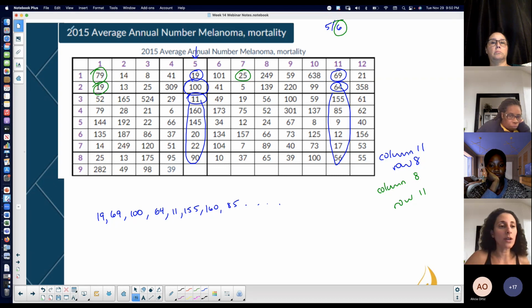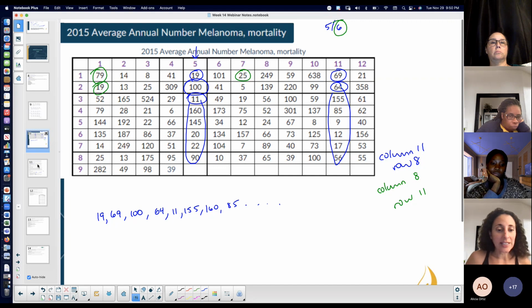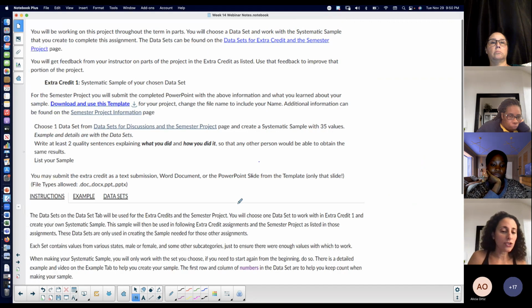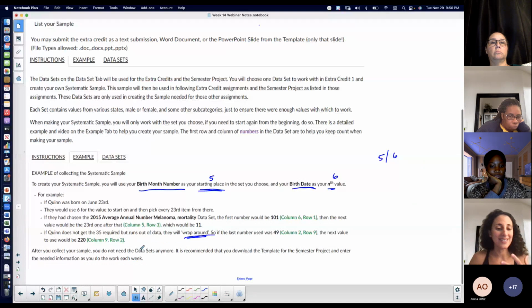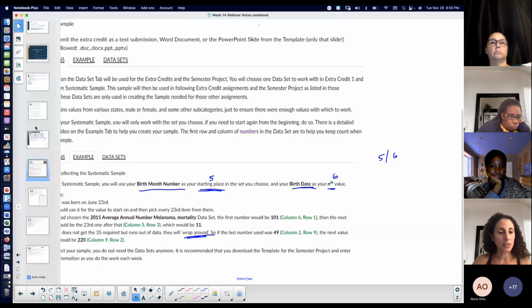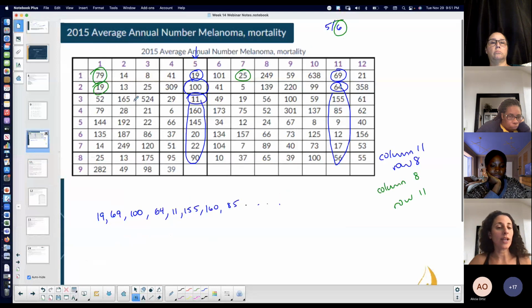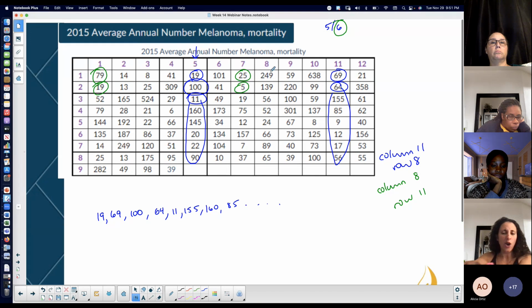So if this didn't work like it did in the example, because I suggest to follow the example, but if it trips you up, like it did with some of you who came to me, then you're just going to have to keep going. And I think there's one of you where you just kept landing on the same values. So you just had repeated values, okay? It just happened, and so you didn't have a choice. That was just how you got your 35 values. So do what you can, okay? Until you get 35. I hope that makes sense.